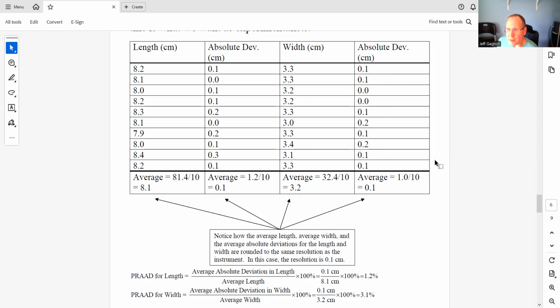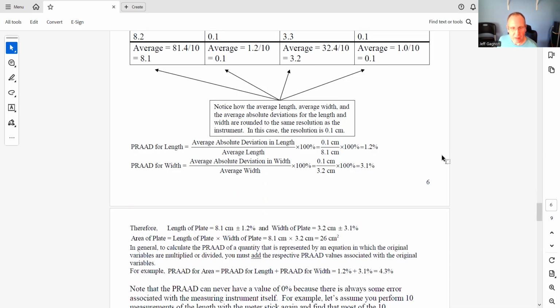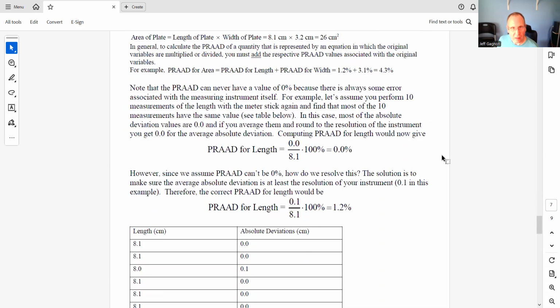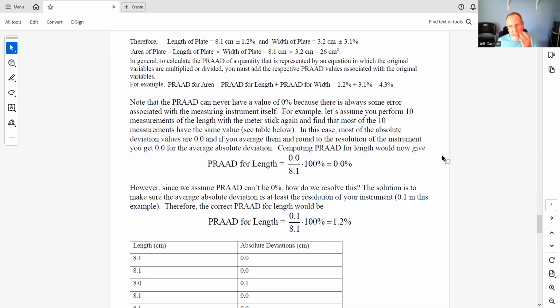Okay, what else might you want to do with this data? Well, since we're measuring the area of a rectangle, we have the length and width of this particular rectangular object. One thing we could certainly do is calculate the area of the rectangle. And remember, to calculate the area of something, you simply take the length times the width.